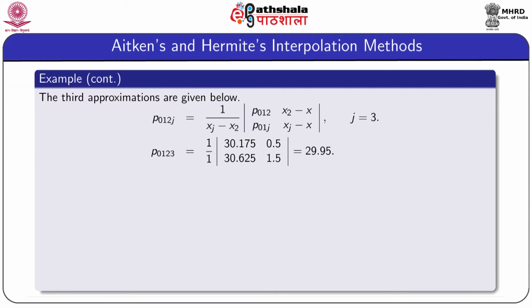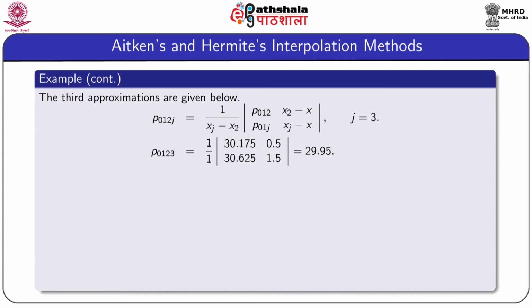Now, using these quadratic polynomial values, we determine the third approximation, the polynomial p 0 1 2 j, but in this case j is only 3, and the formula is 1 by x j minus x 2 times a determinant of order 2. The first row of this determinant is p 0 1 2 and x 2 minus x, and the second row is p 0 1 j and x j minus x.